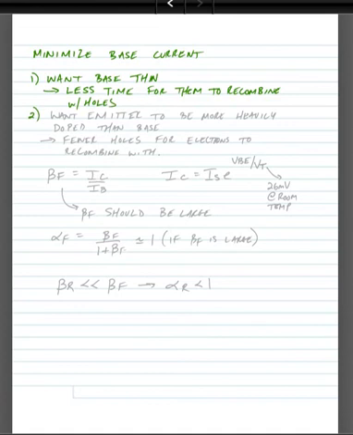And secondly, we want the emitter to be heavily doped, more heavily than the base.